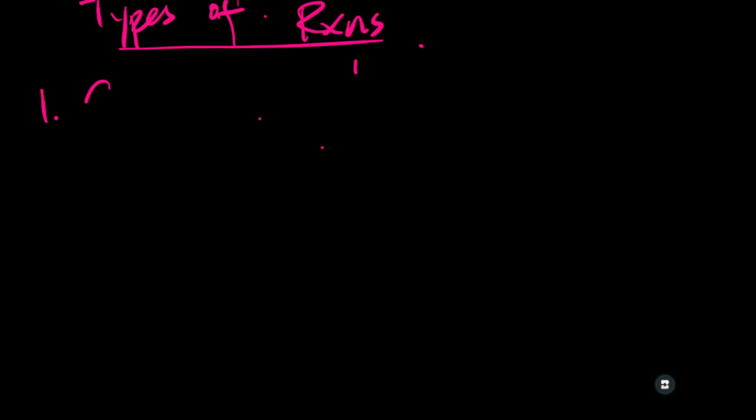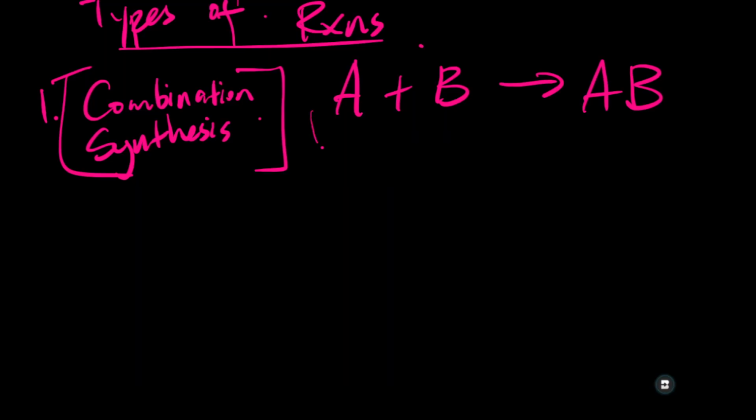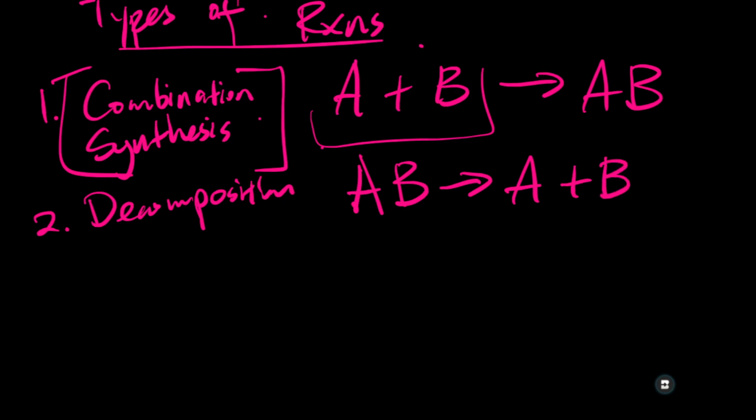Number 1, combination. This is A plus B gives us AB. Another name for this is synthesis. Exactly the same reaction. It's just combining, that's why it's combination. Number 2 is decomposition. A decomposition reaction is basically the reverse of combination: AB breaks down into A plus B. It doesn't even have to be AB.